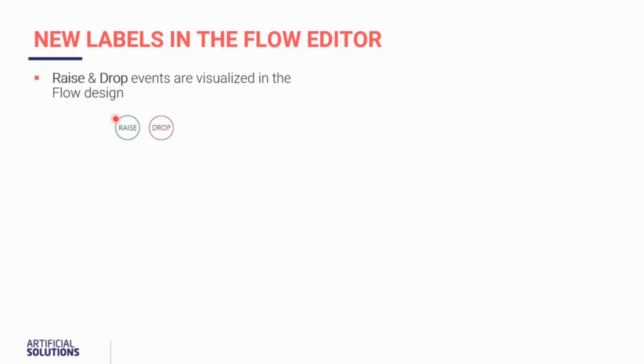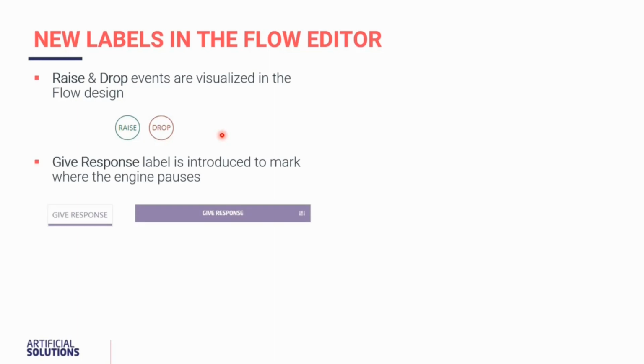Raise, of course, happens only once, but drop may happen several times depending on the flow that you have been building. You will also see this kind of label here, the give response label, and I have included two versions here because they look slightly different depending on if you're on web or on the desktop. So this is the desktop version here, and this is the web version.